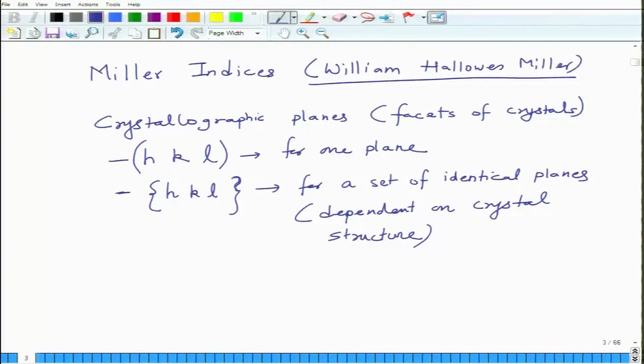So, you may not be able to write the same connotation for tetragonal if you are able to write the same for cubic.